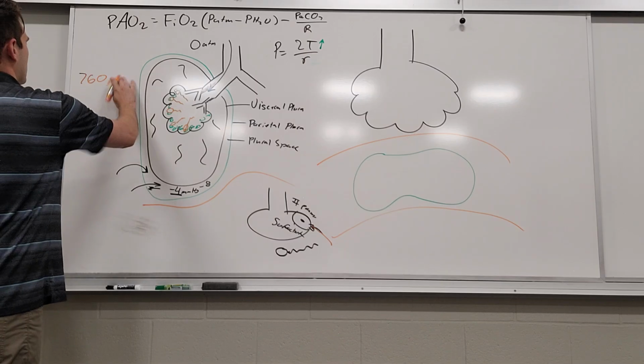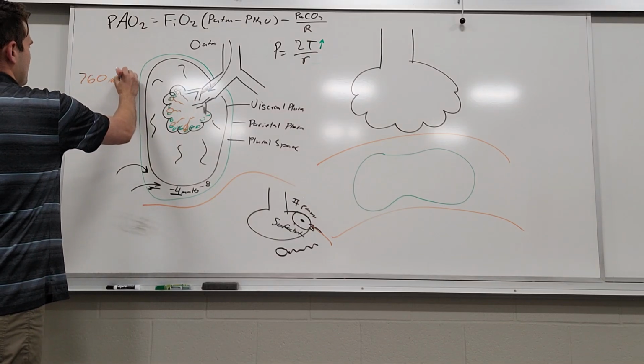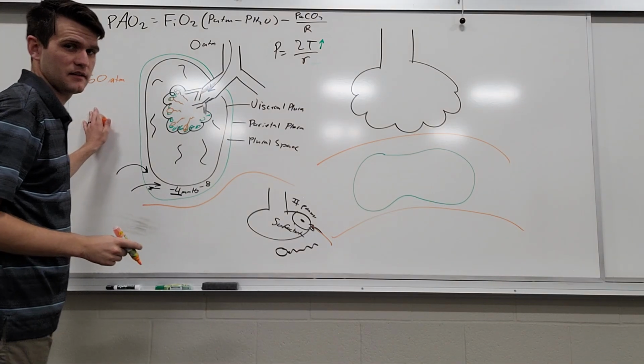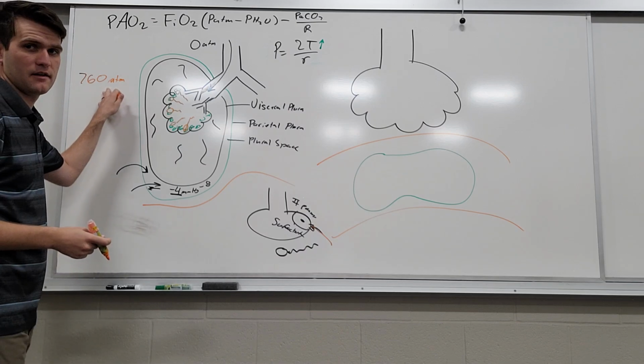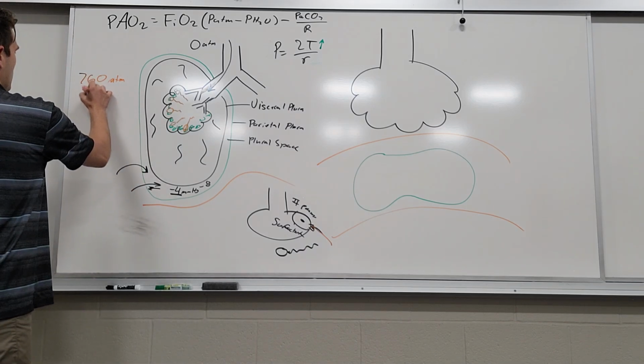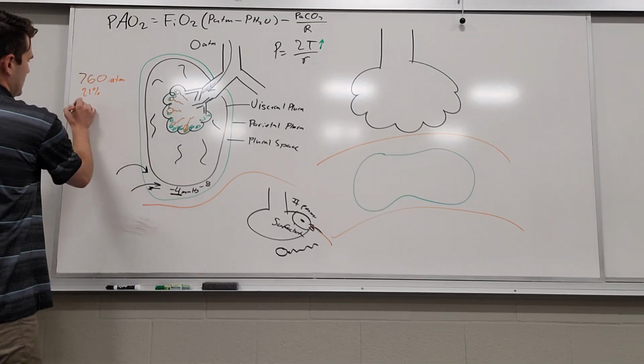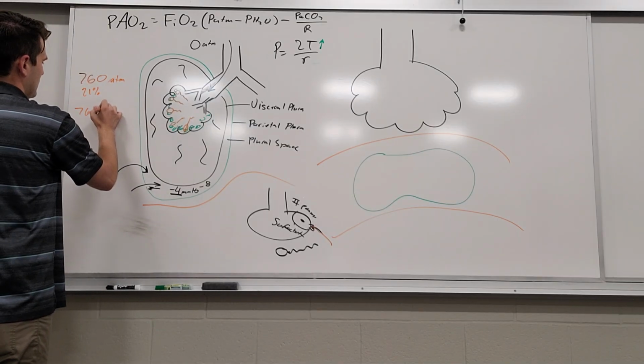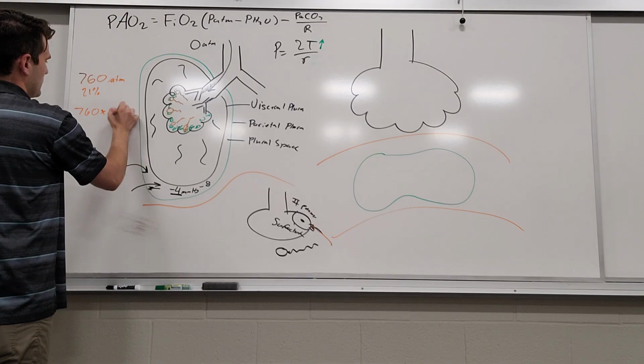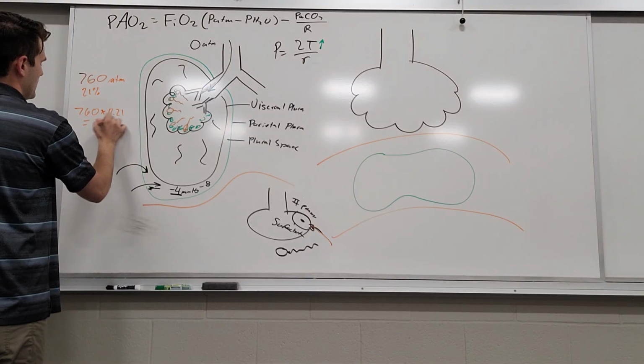This might be torr. Either way, I think it's ATM. So there's 760 pressure of air, but only about 21% of that is oxygen. So when we do our math, 760 times 0.21 is equal to about 160.